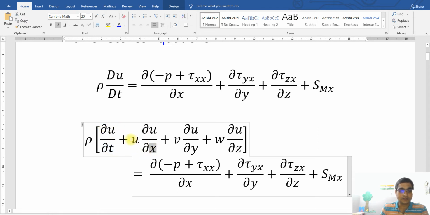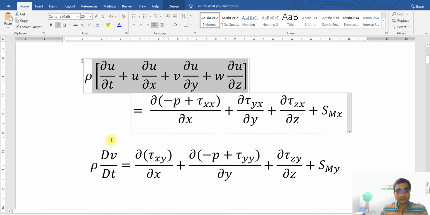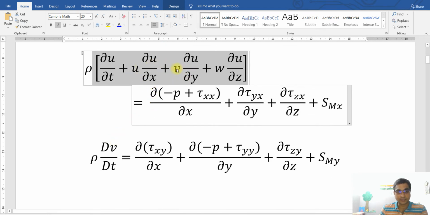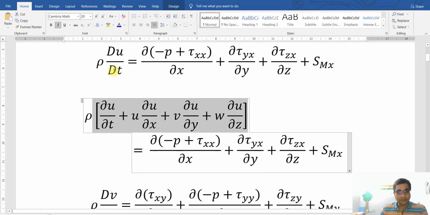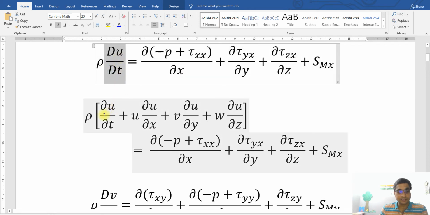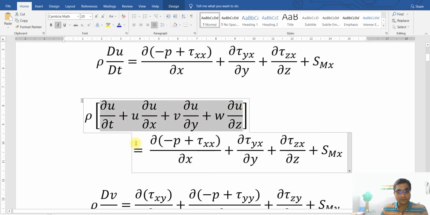When the distributions of space and time are both given for the velocity u, then the rate of change of velocity can be expressed in this way. For the substantial derivatives, I have already discussed these things in lecture number 3, so I don't need to discuss it here again. Now this substantial derivative has been elaborated in this way.